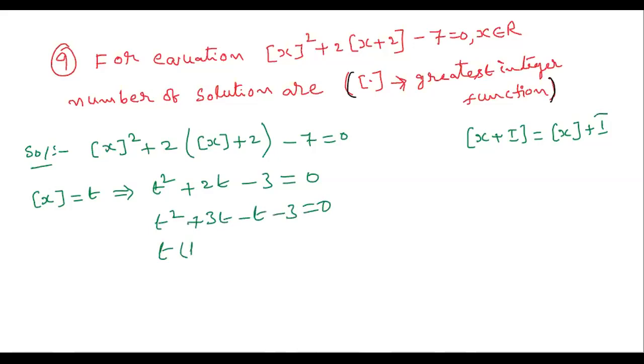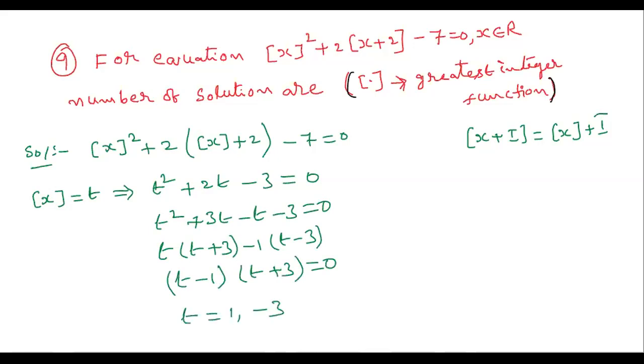Now t common, t plus 3, minus 1 common, t minus 3. Okay, finally t minus 1, t plus 3, that is equal to 0. Now the t values we got are 1 comma minus 3.